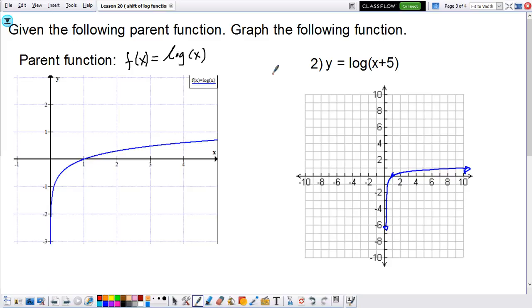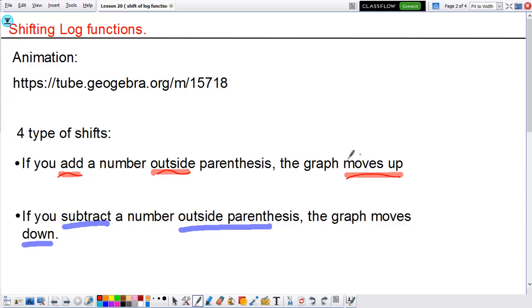So now our task is just to graph y equals log of x plus 5. We know that this plus 5 is going to affect the original graph. But now we have to think, which one of those four options was it? Well, we're adding inside the parentheses now. So let's go back.